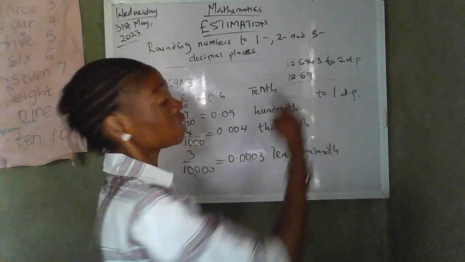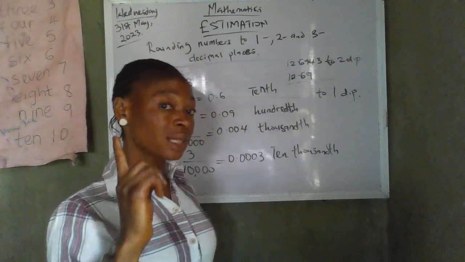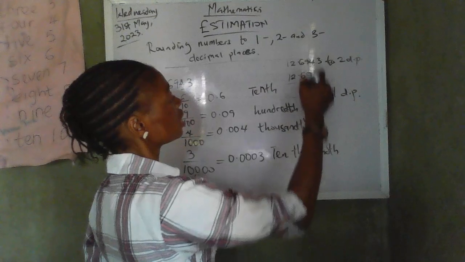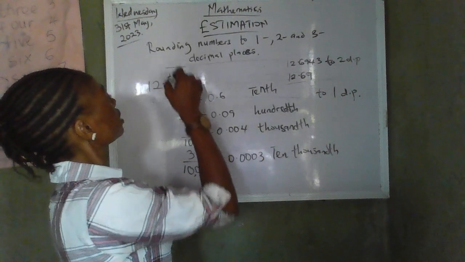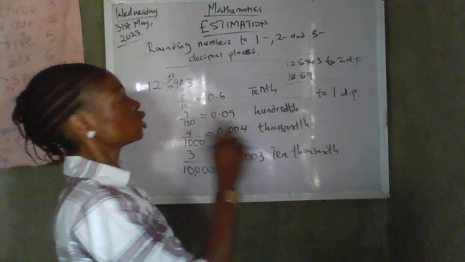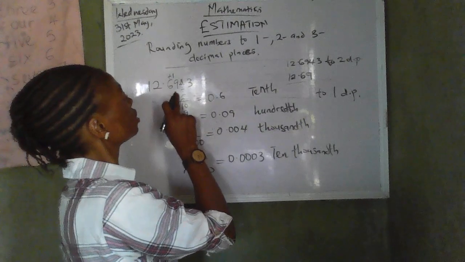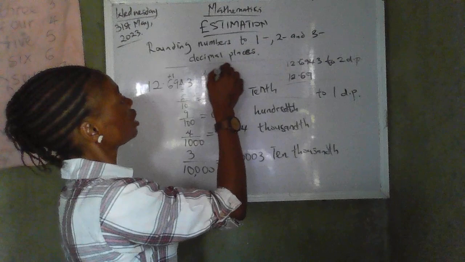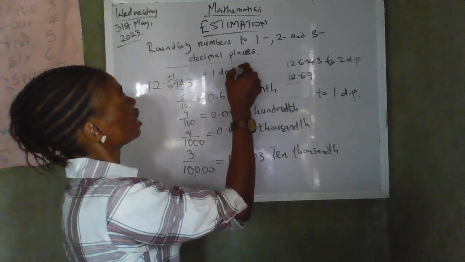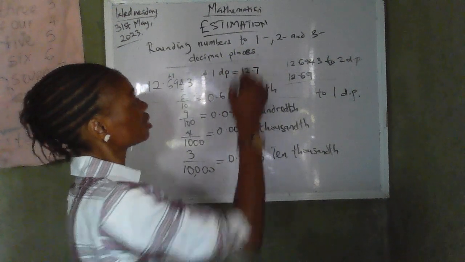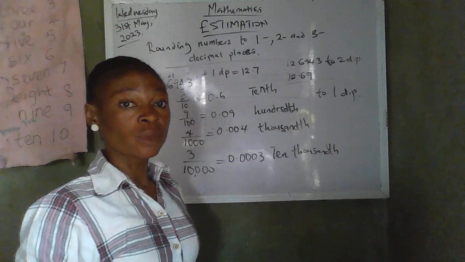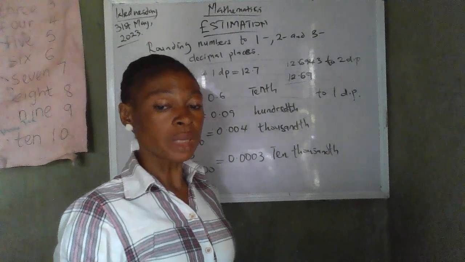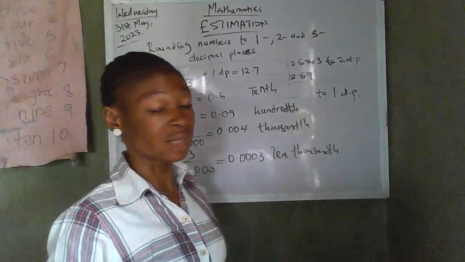Now 9, in estimation, I told you in the last lesson, will be rounded up to 1. So when you add 1 to 6, it gives you 7. So 12.6943 to 1 decimal place equals 12.7.